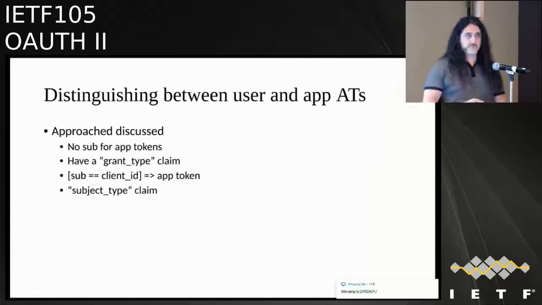It's going to get more complex as new grant types are introduced, as new subject types are introduced. It's unstable, and it would be really burdensome to ask the resource servers to all figure that out and understand that. If you're having your resource servers understand that, then at that point, there's probably enough coupling between your authorization server and your resource server that you don't need a standard way to do this anyway.